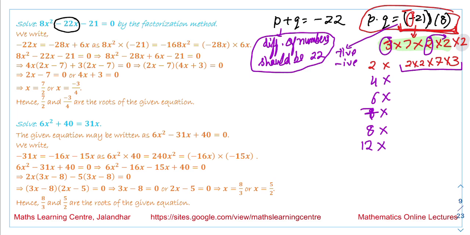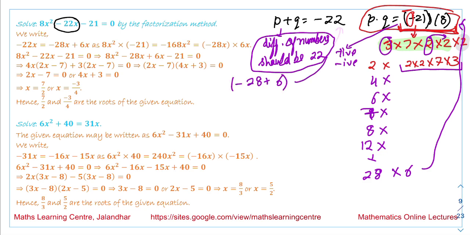Next, likewise, if you continue, you will see that it has a factor 28, and 28 into 6 is equal to this number over here, and minus 28 plus 6 is equal to minus 22.